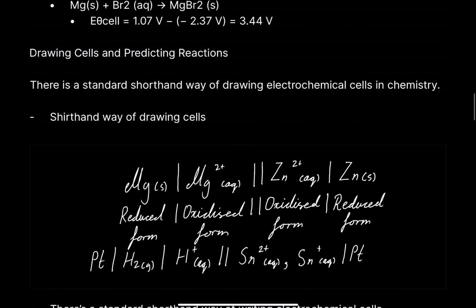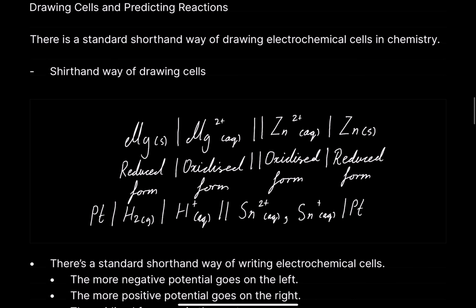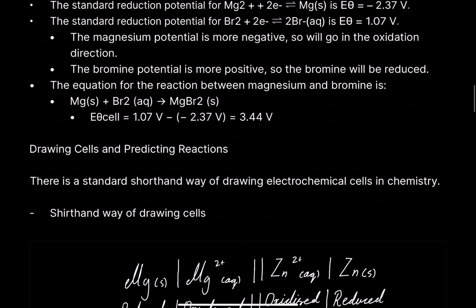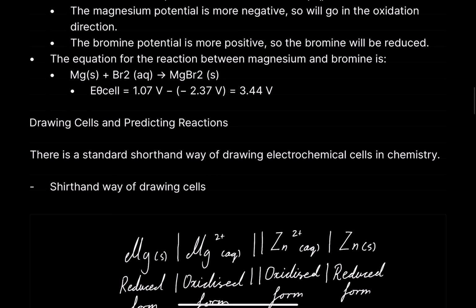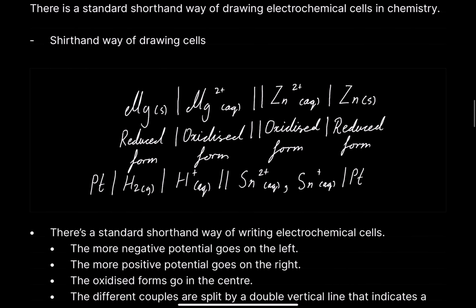All right, so the next one I'm talking about is drawing cells and predicting reactions. There's a standard shorthand way of drawing electrochemical cells in chemistry. Instead of writing the overall equation, or two half equations, what we can just do is this.